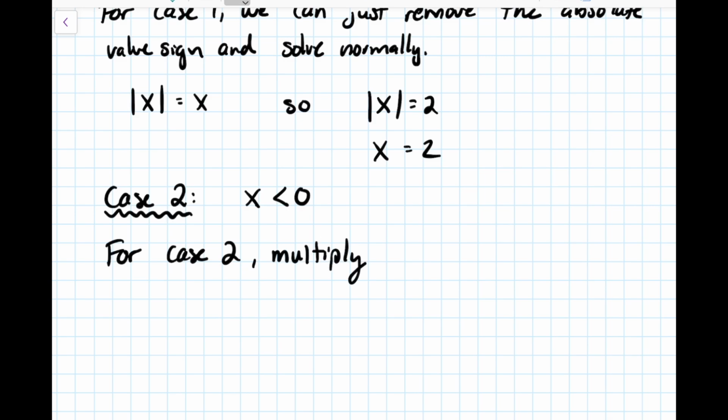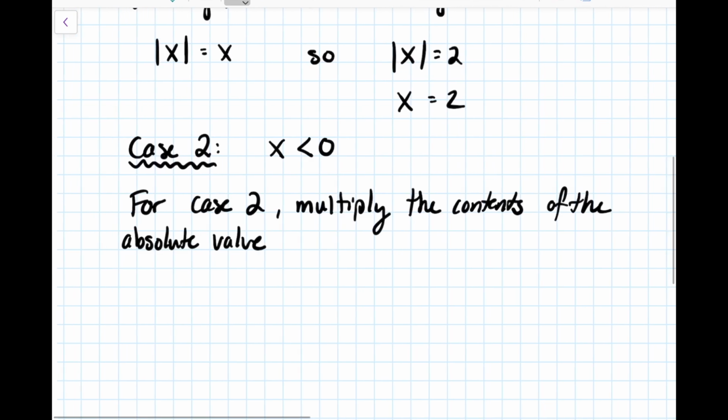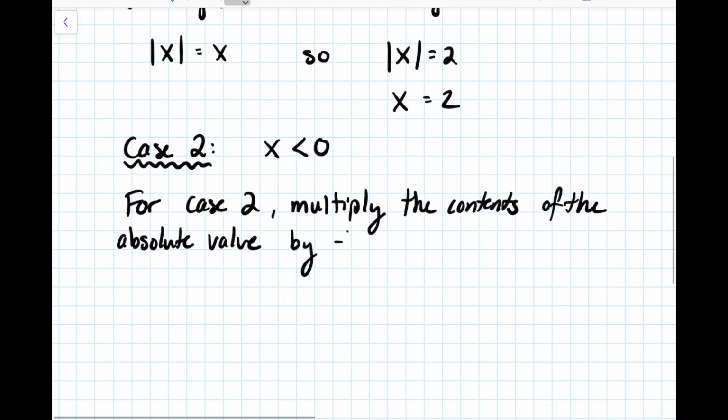So we're going to multiply the contents of the absolute value by -1 to get the opposite. And then we're going to solve from there.